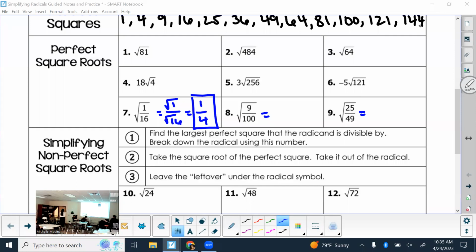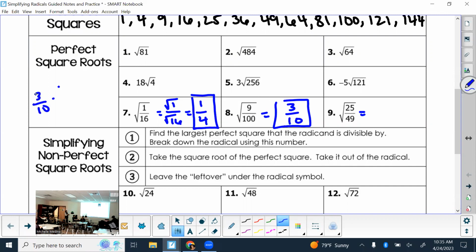All right, what's the square root of 9 over 100? Don't yell it out. Table 5, what's the square root of 9 over 100? All right, 3/10, class, agree, disagree? All right, good. So we take the square root of the numerator and denominator individually.